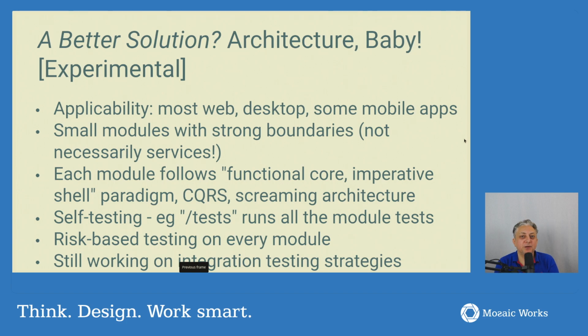So for example, if these modules are deployed as URLs, you would have a /tests or /module/test that would run all the tests for that module. Yes, and even in production, if you want to, you might restrict that so that people don't run it, but it might be for your internal use.